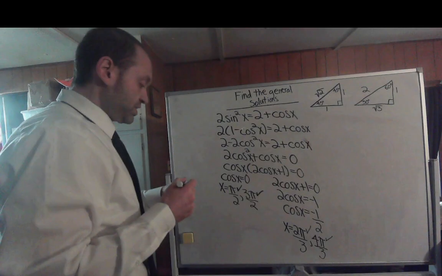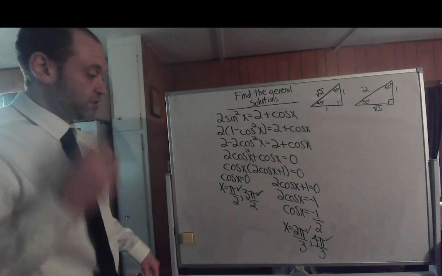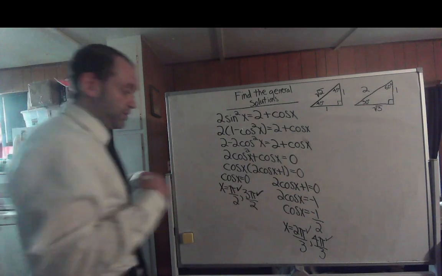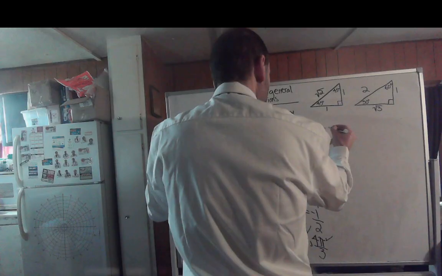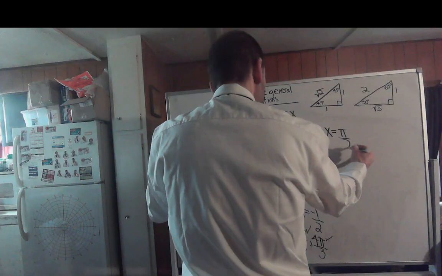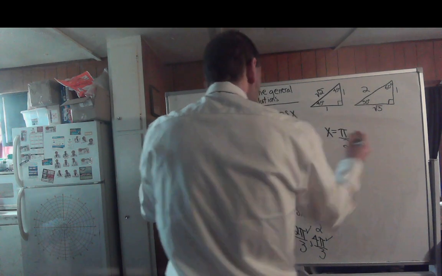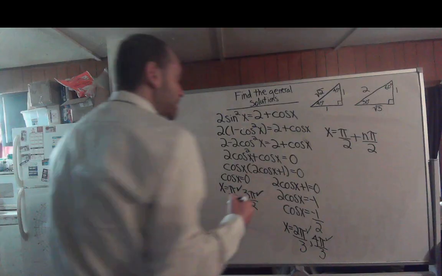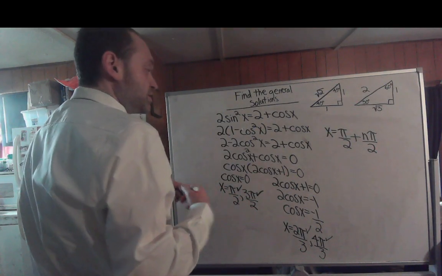Okay. So let's deal with this pi over 2 and 3 pi over 2 business. Well, pi over 2, if you add pi to that, you'll get 3 pi over 2. So you can say x equals pi over 2 plus n pi. So that'll work.